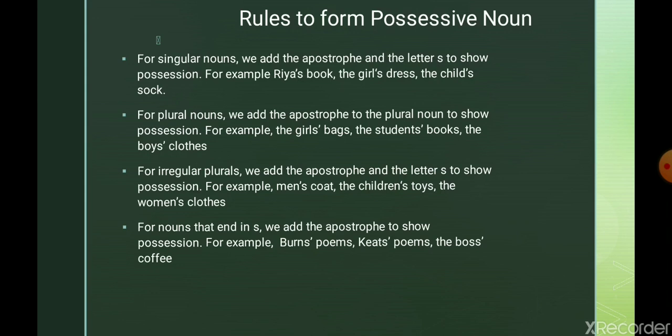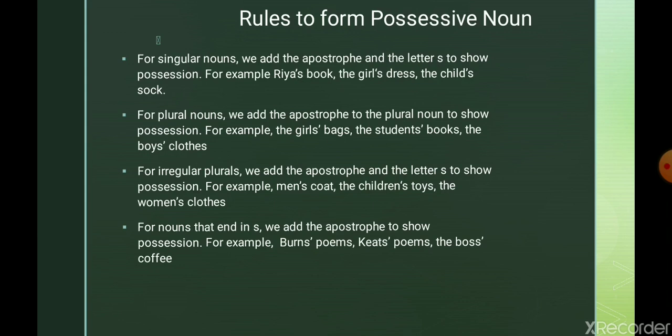Now let's see rule number 3. What does rule 3 say? For irregular plurals, over here it means like we have studied man, men, child, children, right? In the same manner, whenever we are talking about irregular plurals, we add the apostrophe and the letter s to show possession.